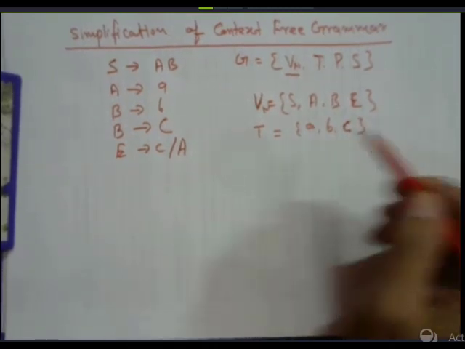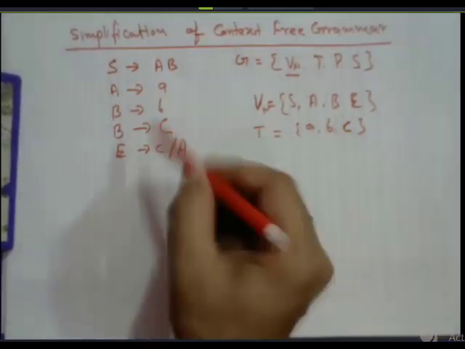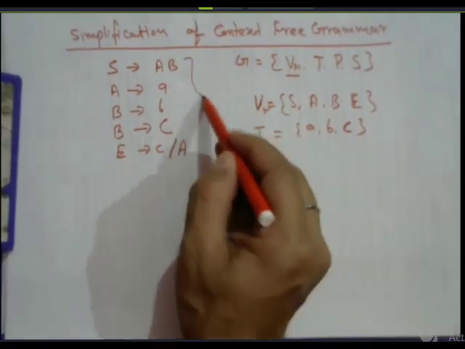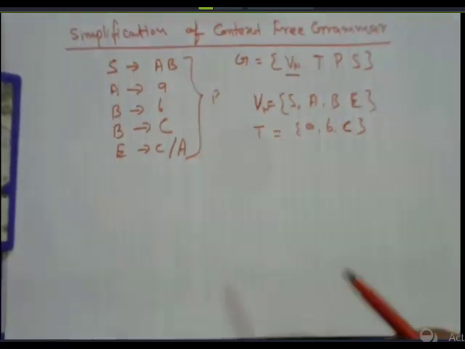A, B, C are the terminal symbols, and the production rules are given. All these are the production rules, P.